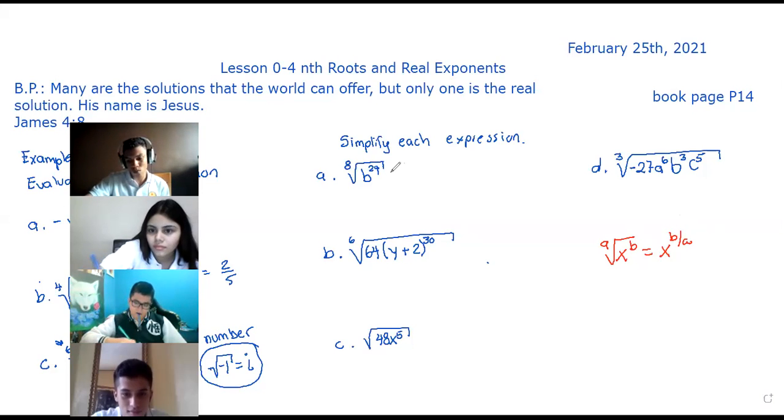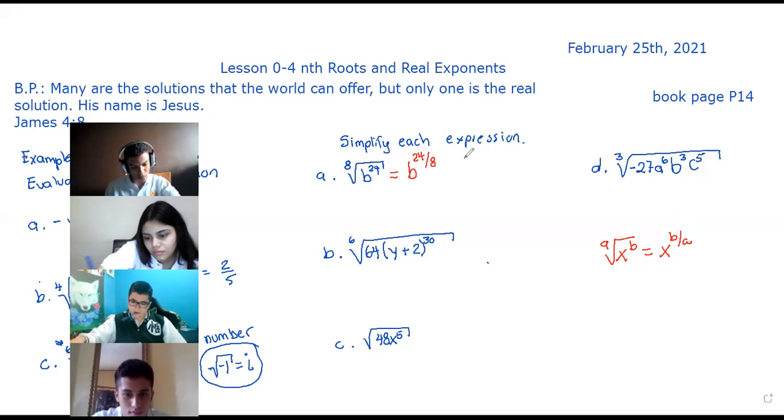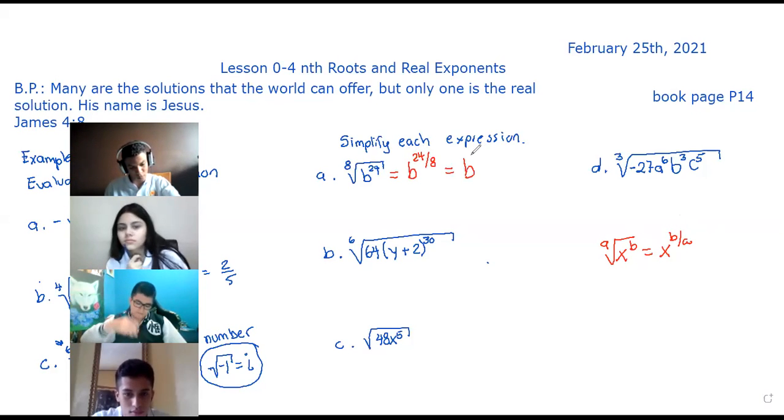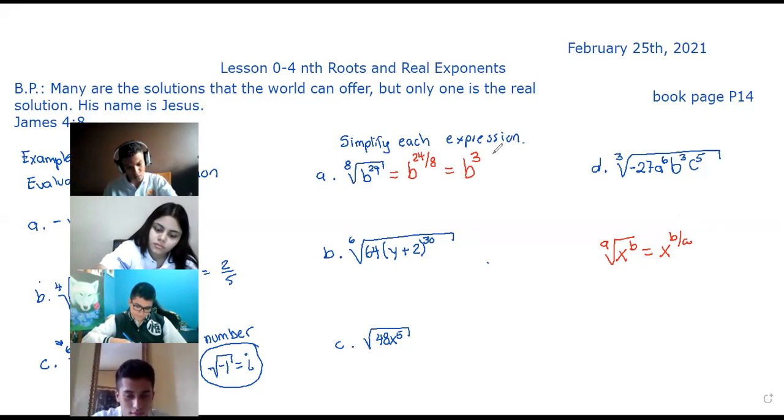So I can rewrite b with an exponent of 24 divided by 8, and you can simplify it as b to the cube. And you're done. You already simplified the expression.